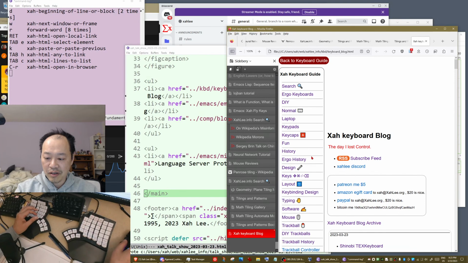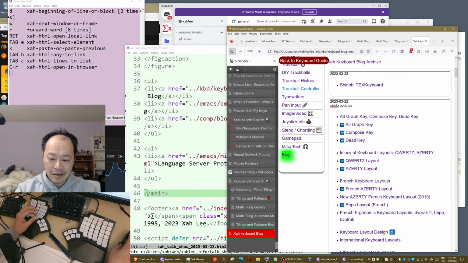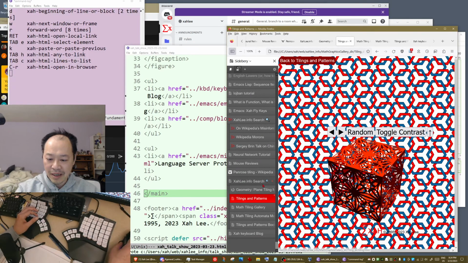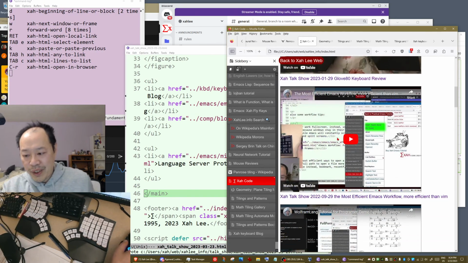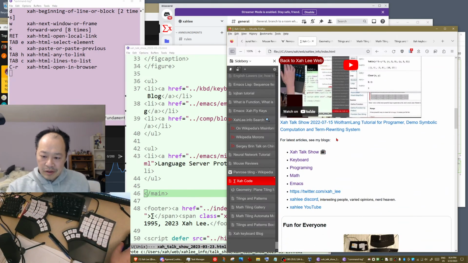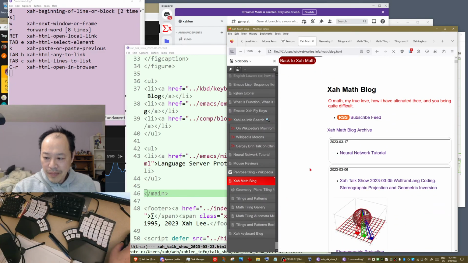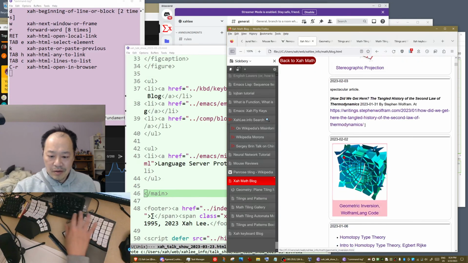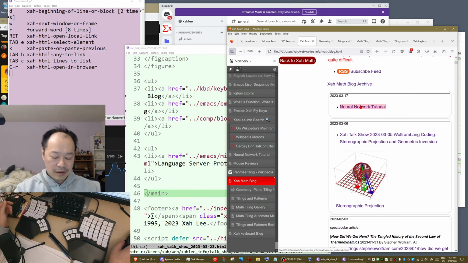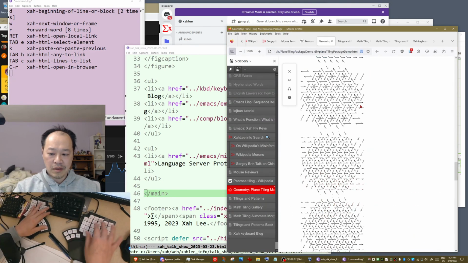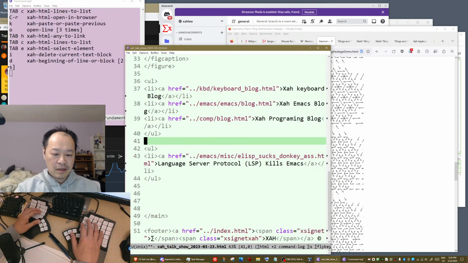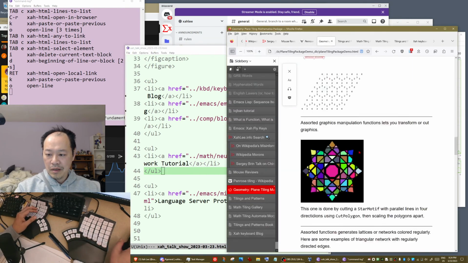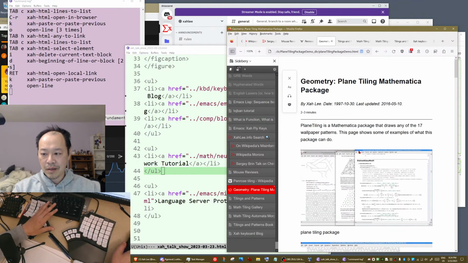And also differential geometry. Although I'm interested in math, I haven't really become a professional mathematician level, for example. So for neural networks, let's copy that, close, back to Emacs, paste it here, link, select, go to the top, paste it there, and tilings and patterns.